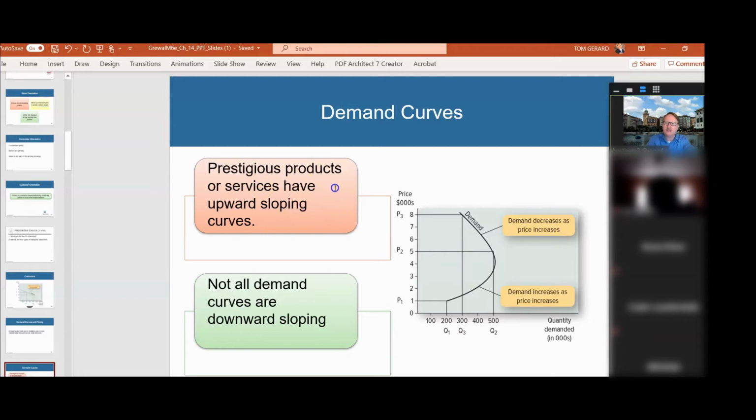Those are those high-end things, your very expensive items that only certain people can afford, and you'll notice that this is a different kind of demand.